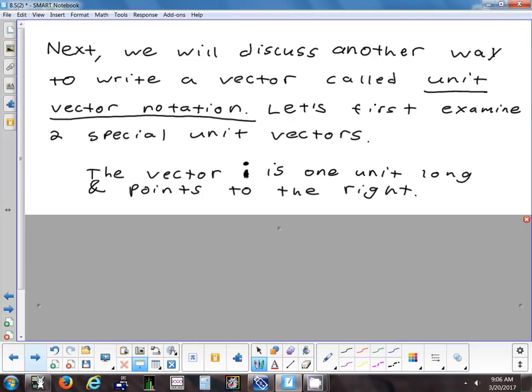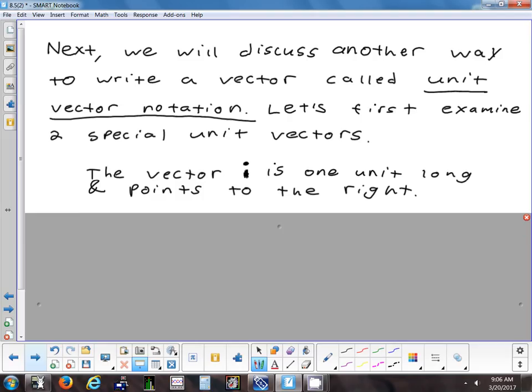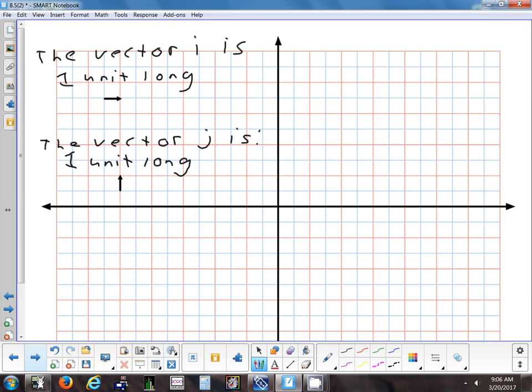The unit vector i is defined to be the vector that's 1 unit long, and this one points to the right. That's all it is. If you wanted to look at it visually, there's the unit vector i. It's 1 unit long, and it points to the right.